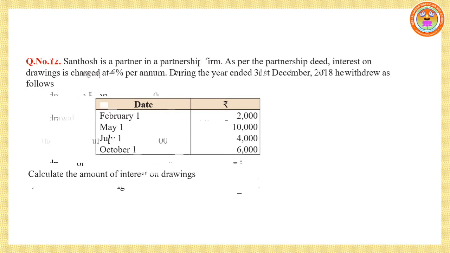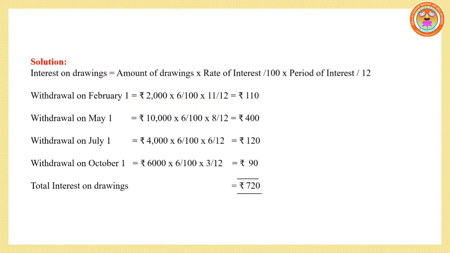First time he has withdrawn on February 1. The formula for finding interest on drawings under the direct method is amount of drawings into rate of interest by 100 into period of interest, that means months by 12. Amount of drawings 2,000 into rate of interest 6 by 100.